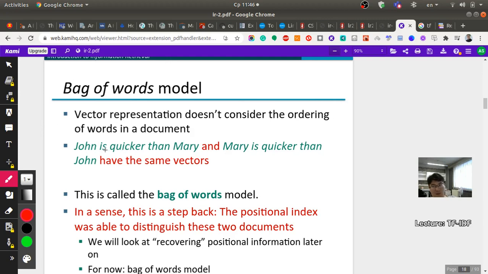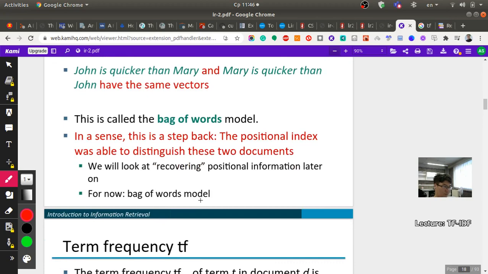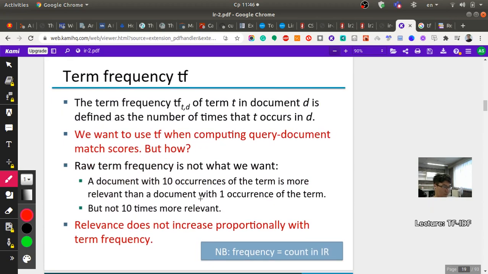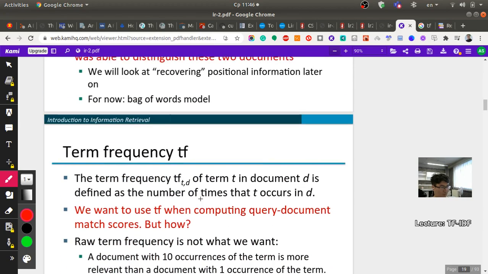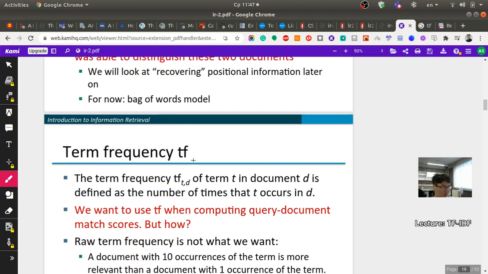They consider them as the same vectors. But in many cases we do not need to consider this, and because of this, the bag of words model is used.